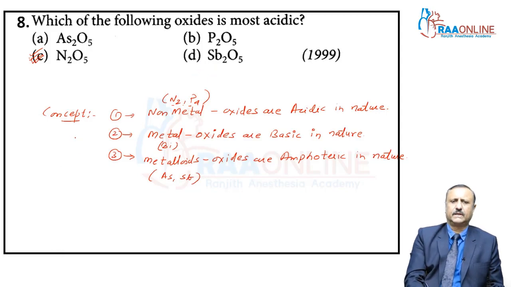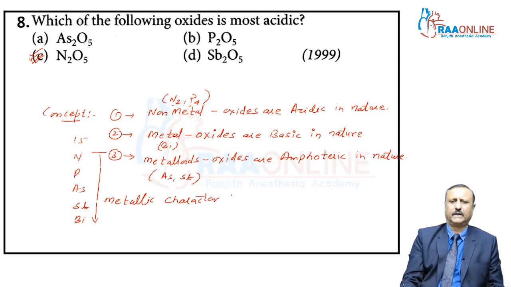When we see the p block elements of the 15th group, nitrogen, phosphorus, arsenic, antimony and bismuth, when we move from top to bottom in a group, metallic character increases.